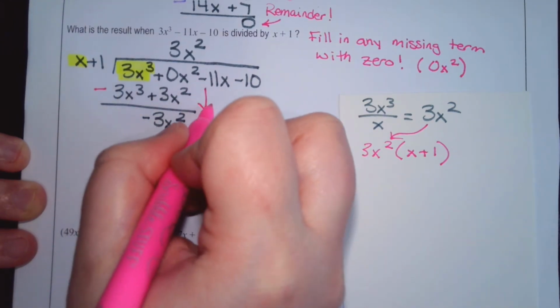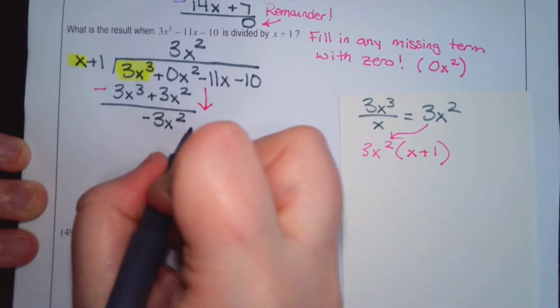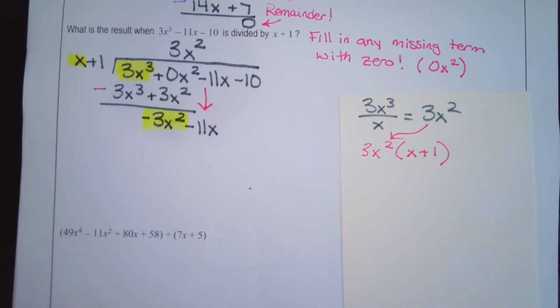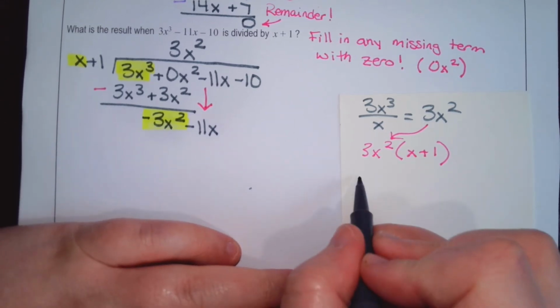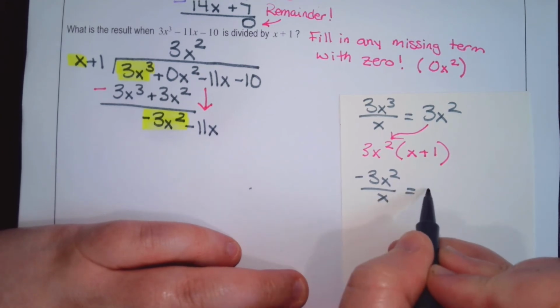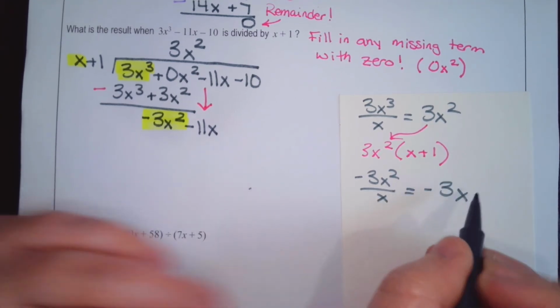And then we bring down our next term, negative 11x. Now, new leading term. Now we just repeat ourselves. So negative 3x squared divided by x is negative 3x.